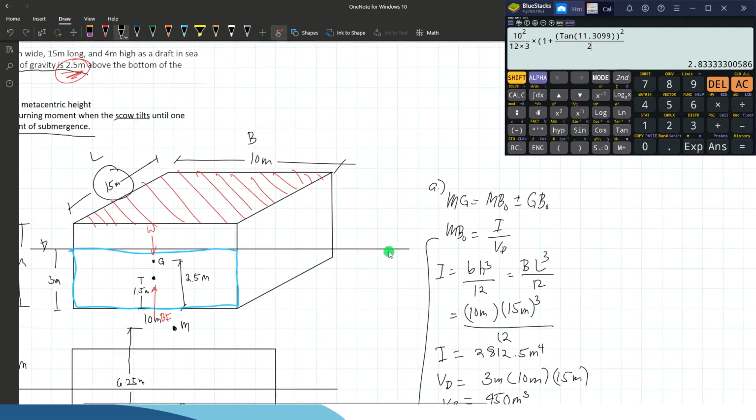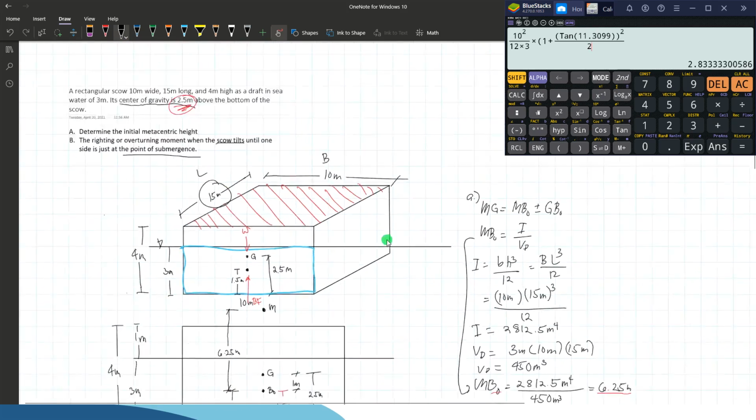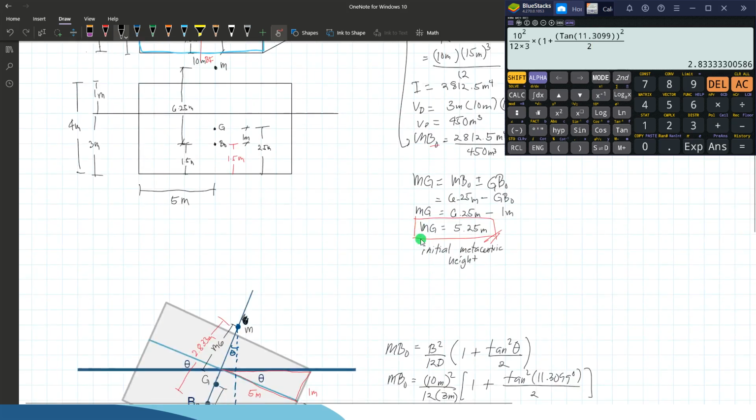So what is required here is the righting moment, or the overturning moment.